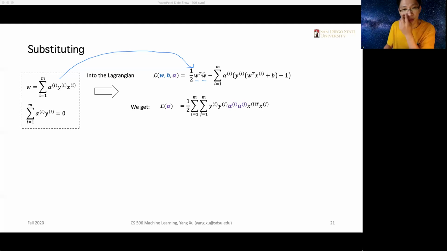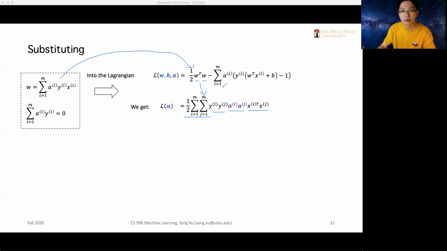So we have w transpose times w. Now we have this two-layer nested summation, in which each term is alpha i times alpha j, yi times yj, and xi transpose times xj. That's the result of this first term.